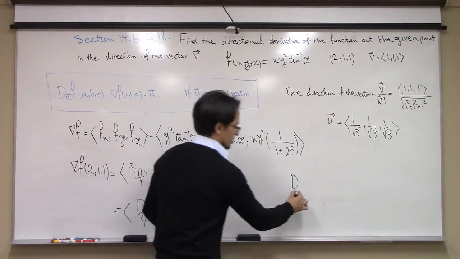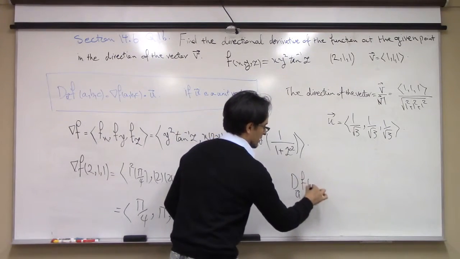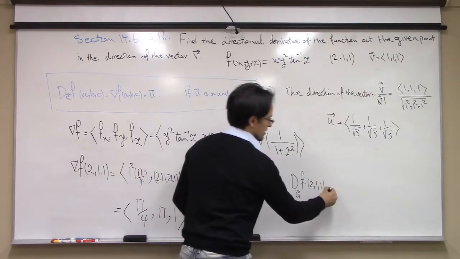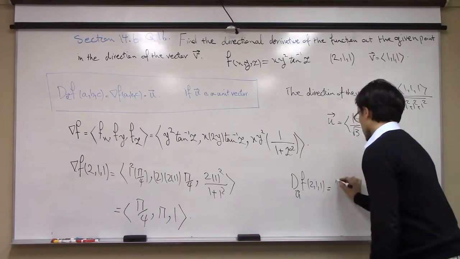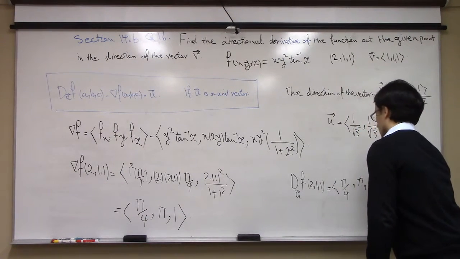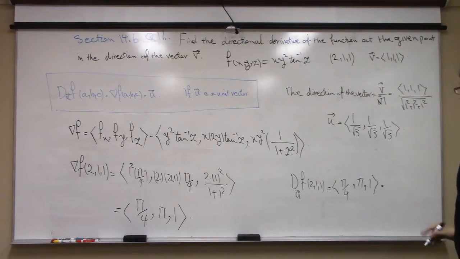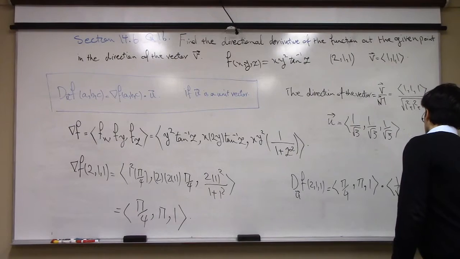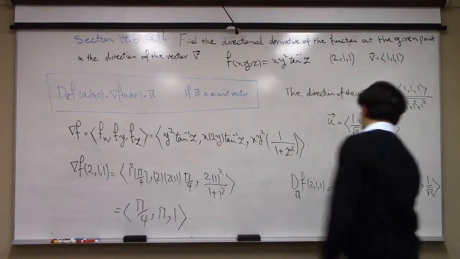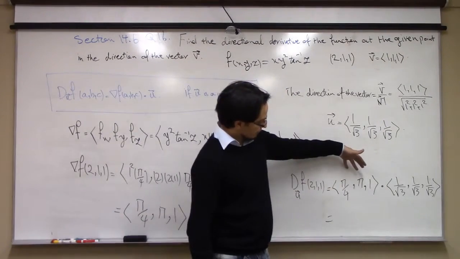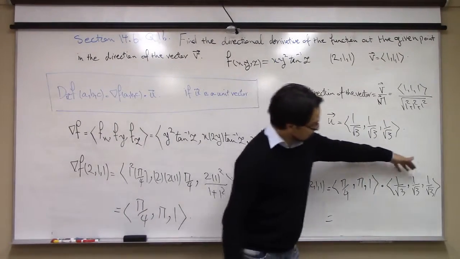The directional derivative of f at the point 2, 1, 1 in the direction u is equal to the gradient pi over 4, pi, 1 dot producted with the direction 1 over root 3, 1 over root 3, 1 over root 3. And for the dot product, you find the product of the components and add them.